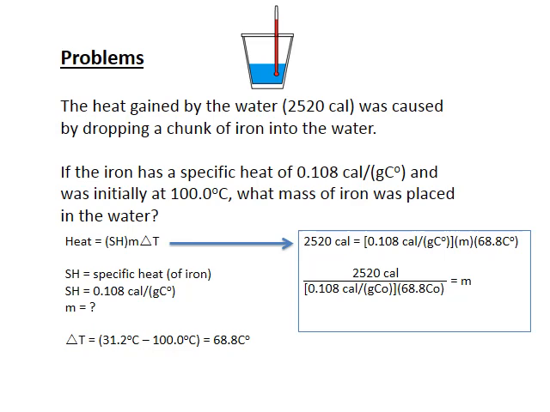So if I divide all of this out, the 2,520 divided by 0.108 and 68.8, I'm going to be left with the mass. And the mass of this sample is 339 grams.